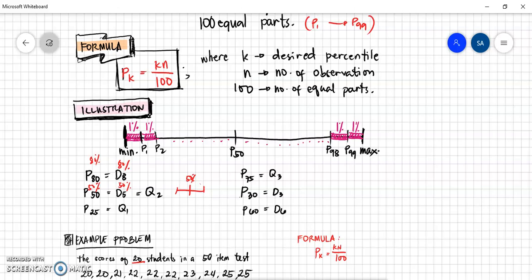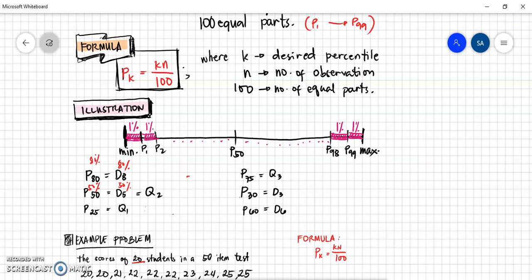Next, we have the P or percentile 25. Percentile 25 is also equal to quartile 1. So quartile 1 for percentile 25, okay, it occupies also the first 25%. As well as P sub 75.